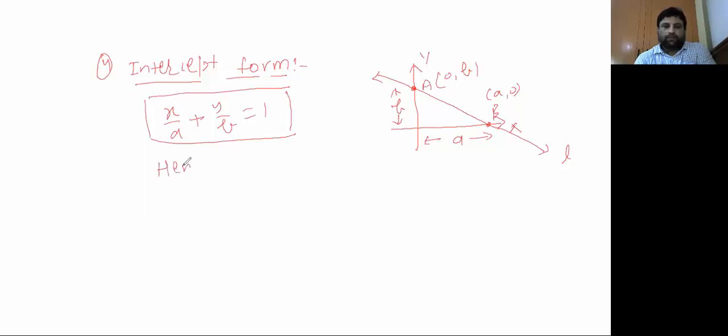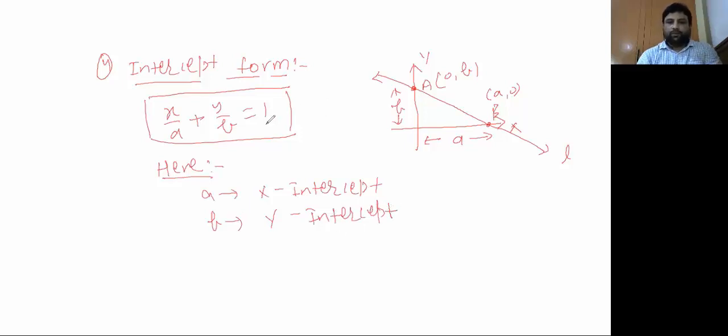Here A means x-intercept and B means y-intercept. So I am discussing one example.